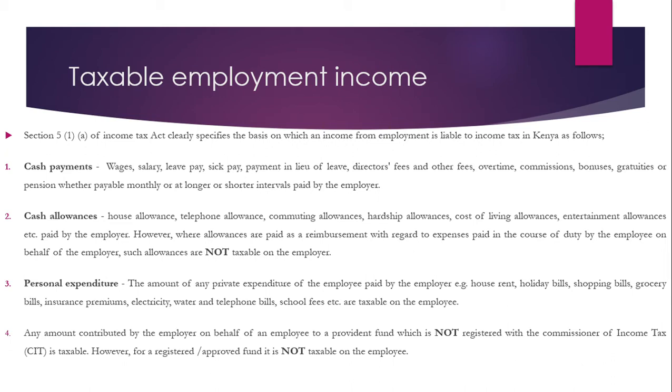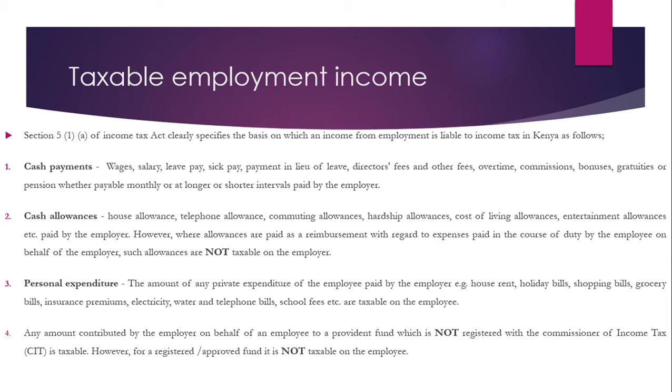These are paid by the employer. However, where allowances are paid as reimbursement for expenses incurred in the course of duty by the employee on behalf of the employer, such allowances are not taxable on the employee. So you need to have this in mind. These are expenses which are paid by the employee when they are out there on duty, so when reimbursed, they will not be taxed.